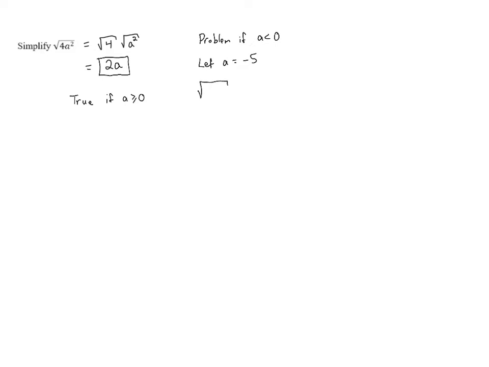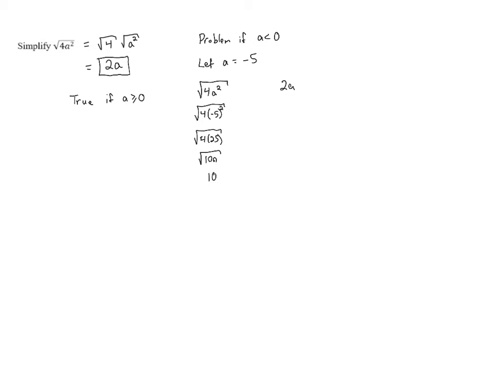Let's evaluate the square root of 4a squared if a is negative 5, and let's evaluate 2a and see what happens. If we substitute in negative 5 in this first one, we have 4 times negative 5 squared. Negative 5 squared is positive 25, so we've got 4 times 25. 4 times 25 we know is 100, so we've got the square root of 100, which is 10.